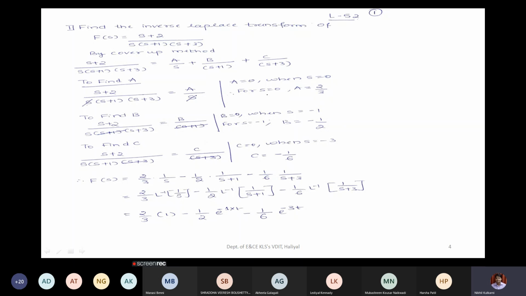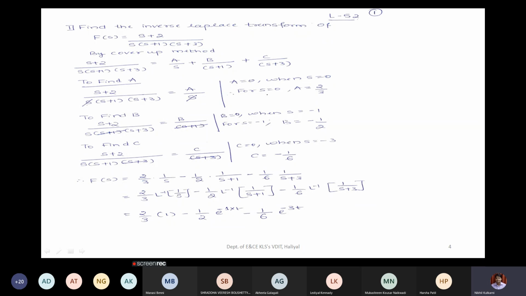Now let us start with the first problem. We need to find the inverse Laplace transform of the given function. In the last class, we discussed the cover up method.